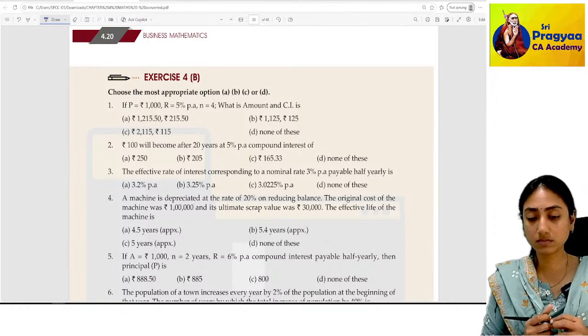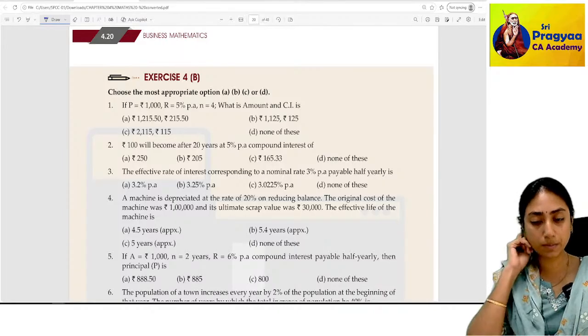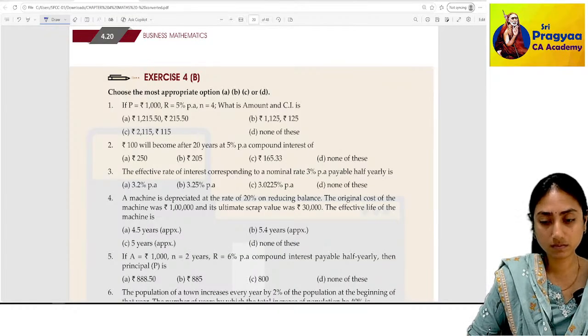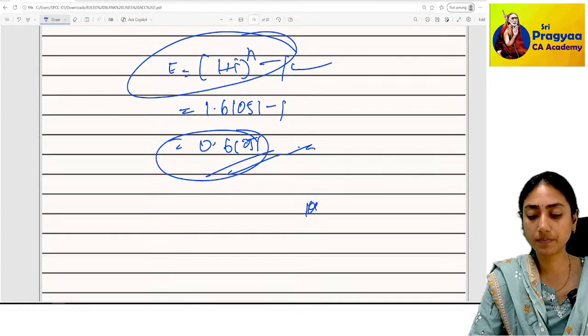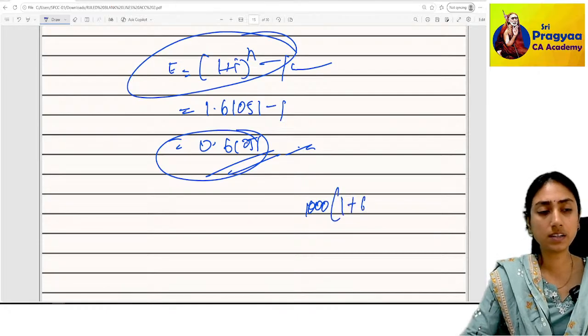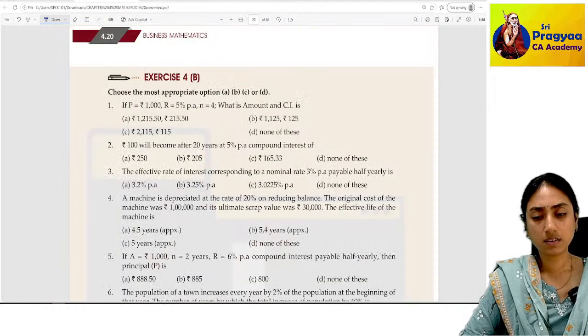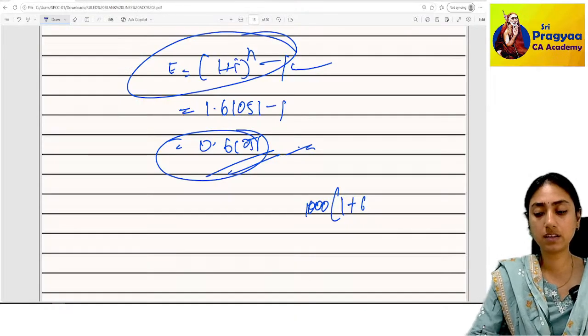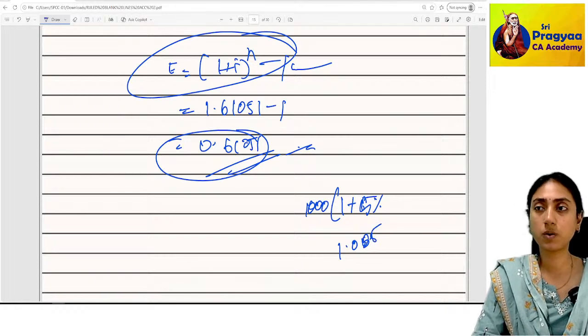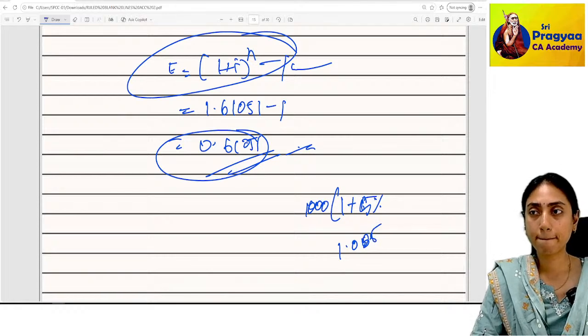0.69. How? 1000 into 1 plus 0.05. That is 5%, right? 1 plus 0.05 is equal to 1.05.